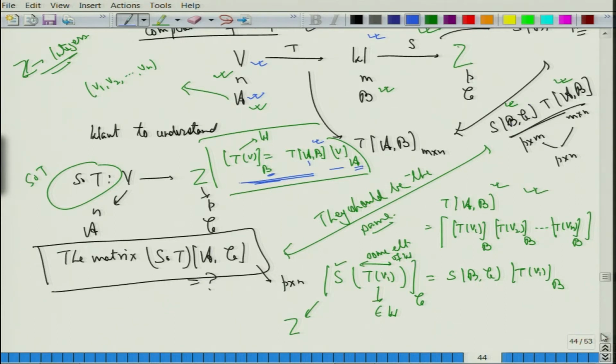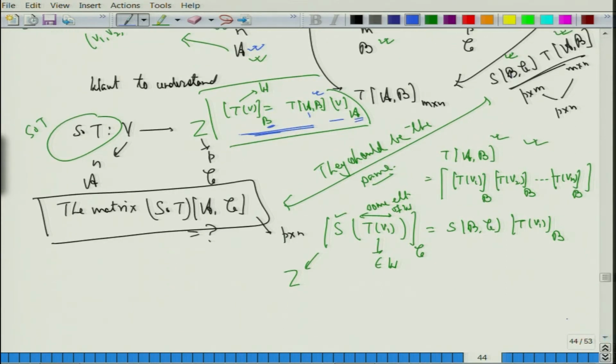So let's try to write it nicely with whatever understanding I have here. If I want to compute this matrix, by definition I have to look at S∘T of V1, fine, and finally S∘T of Vn. I have to compute this, fine. So this matrix is going to be this matrix, but this has to be evaluated with respect to C because C is here.